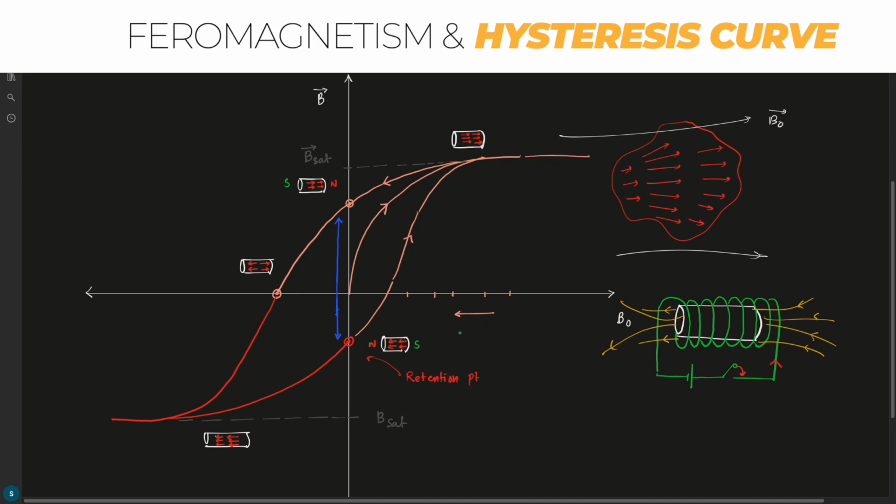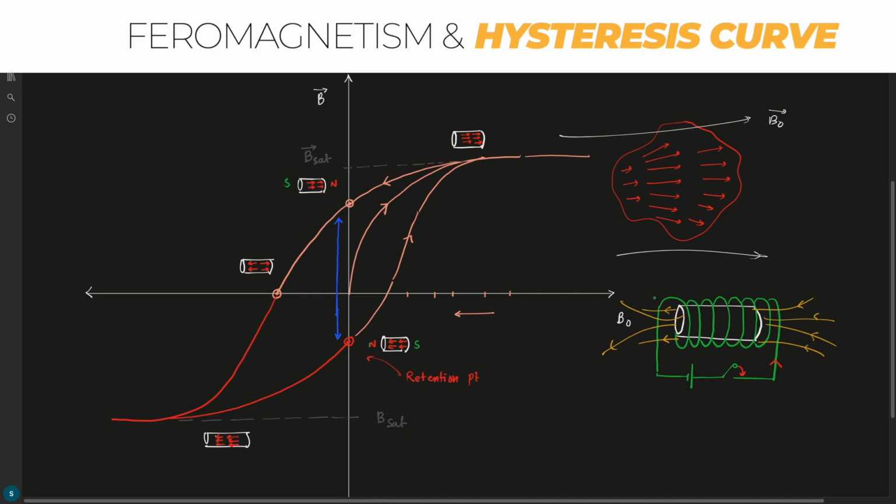You cannot deliberately say that after the removal of the external magnetic field, or the current for this electromagnet, this side will be north pole and that side will be south pole. You need to know the history of this particular material it is going through, and you need to check the hysteresis curve, and then tell why this side will be north and the opposite side will be south or not. You need to verify the hysteresis curve.